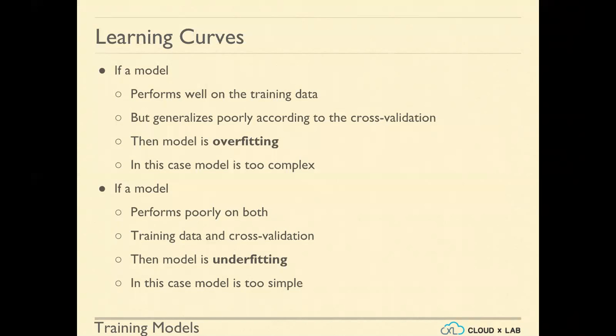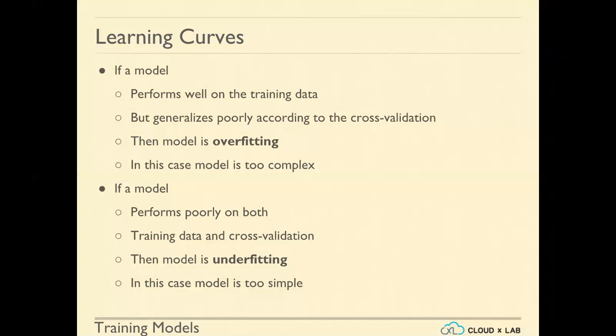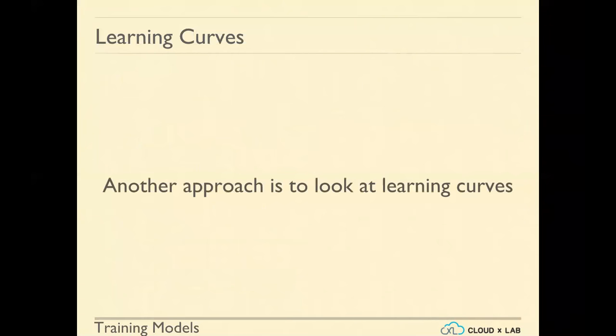In this case, the model is too simple. We might need to introduce maybe polynomial features and others. I'm missing the question, Noor. Could you just rephrase it? All right, I'll carry on for now.